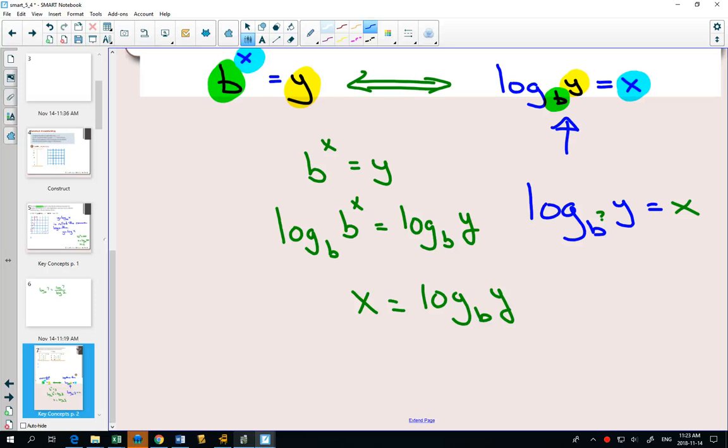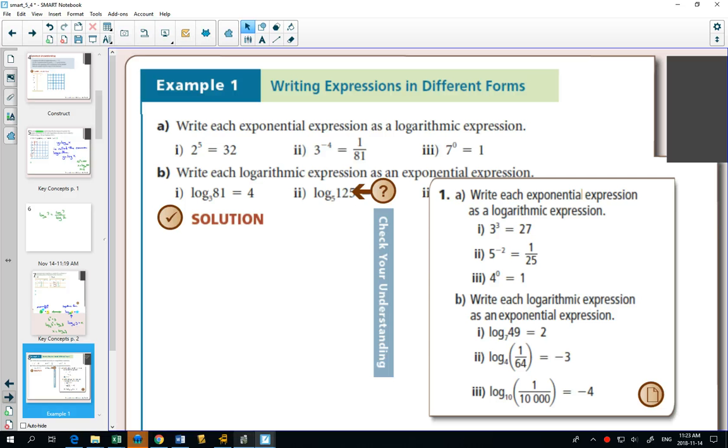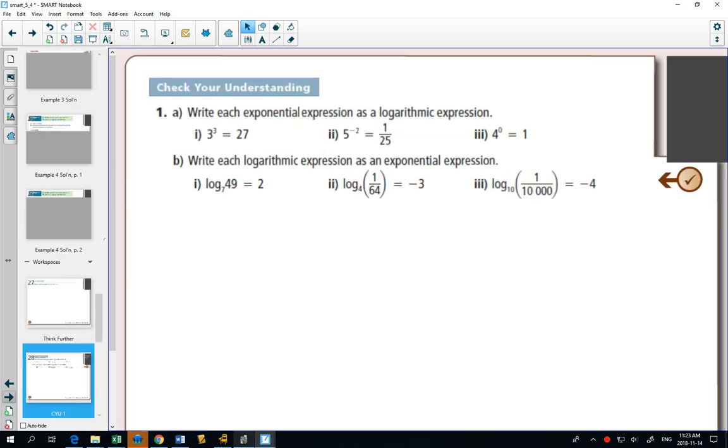So we start off in example 1 with just practicing changing from one form to another. These are true statements. 3 cubed is 27, right?